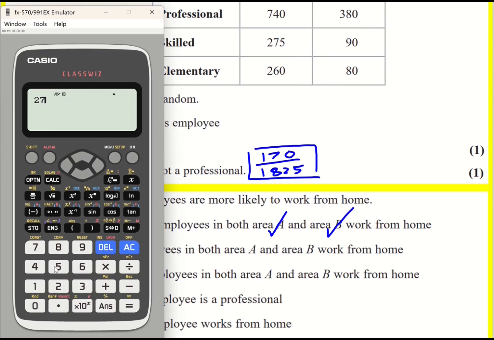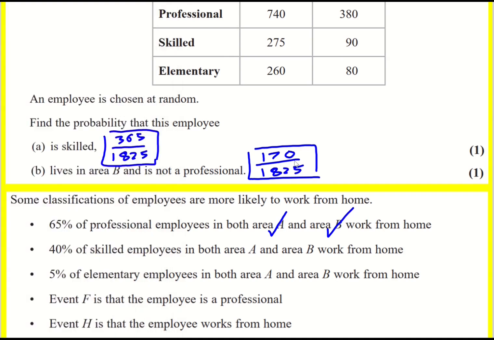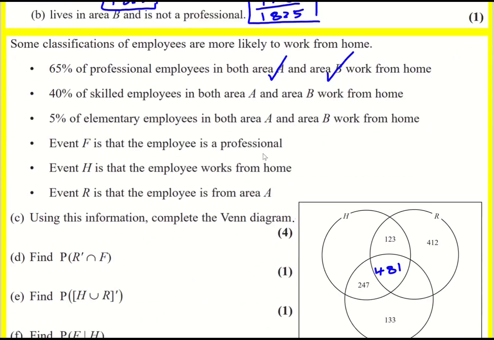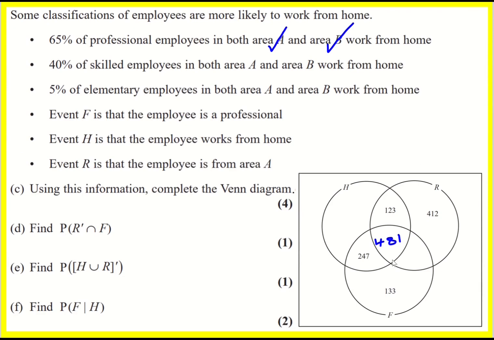By the way, some of these might already be in the table, but let's just find them out because at least we can check our process is working. So 40% of the 275, and then it was 5% of the 260. So this gives 123 that are not professional, but they work from home and they're from area A. Actually, we've already got that one on the table as well.